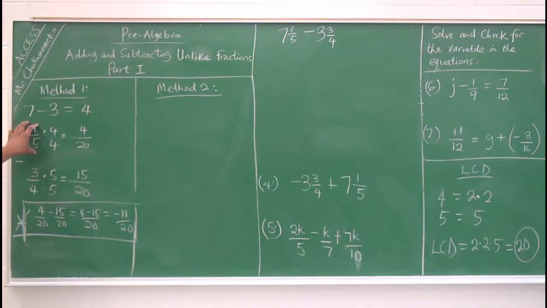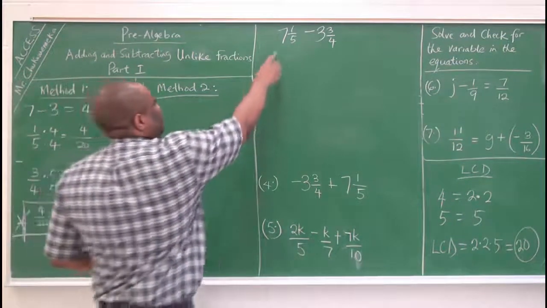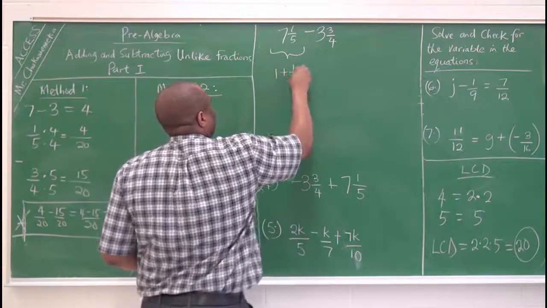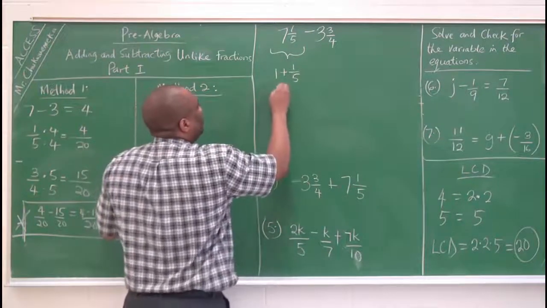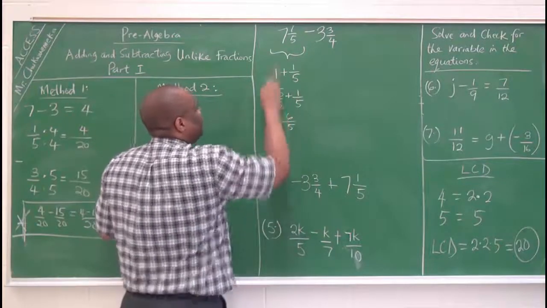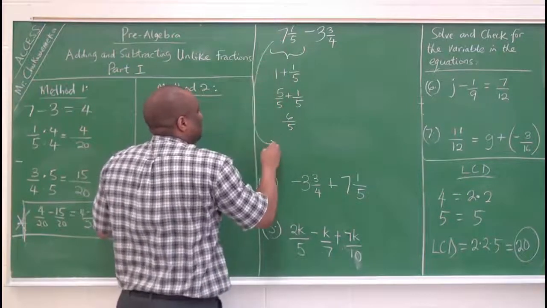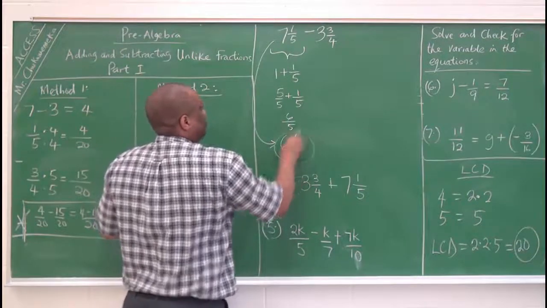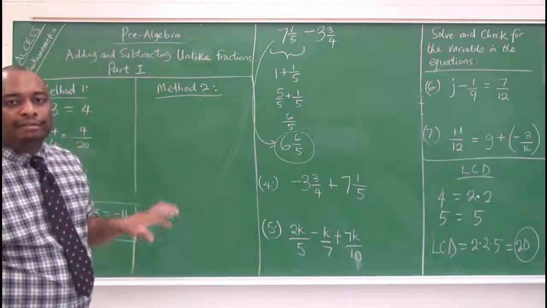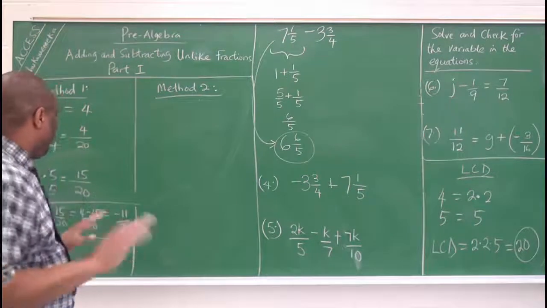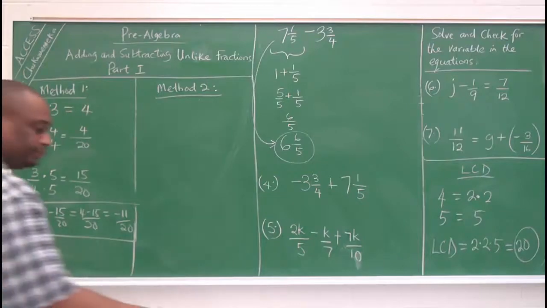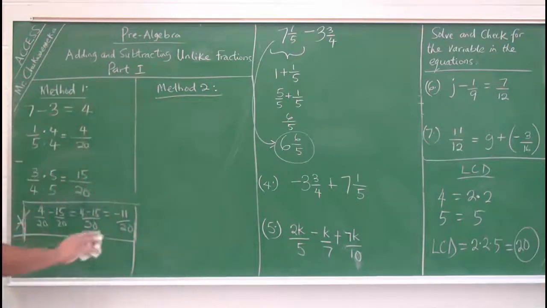That's what we will do. So that will give us what? 5 out of 5 plus 1 out of 5, and that is 6 out of 5. So this will now be 6 over 5. Because we don't want to have negative. That's why we're doing this. There's no way we have to have negative. We cannot. So we now do this all over again.